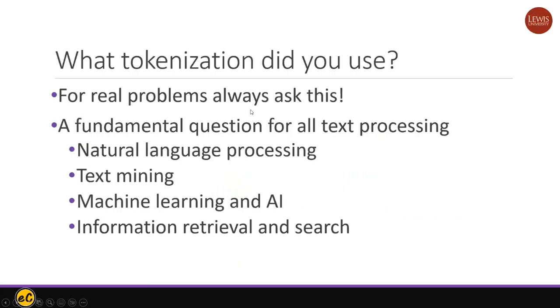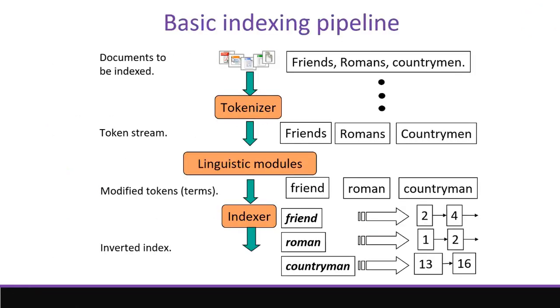It is also used in natural language processing, text mining, machine learning and AI, information retrieval and searching. Tokenization is the key, very important. So in your basic natural language processing stage, first you need to tokenize it.